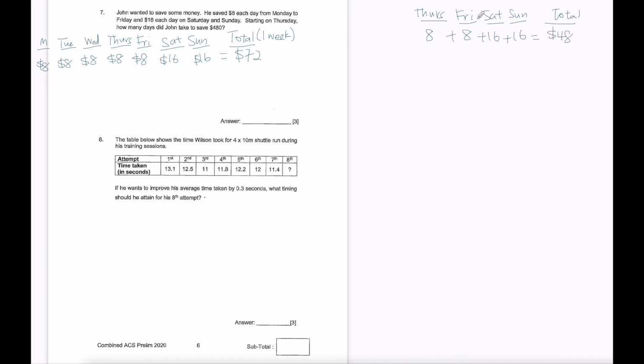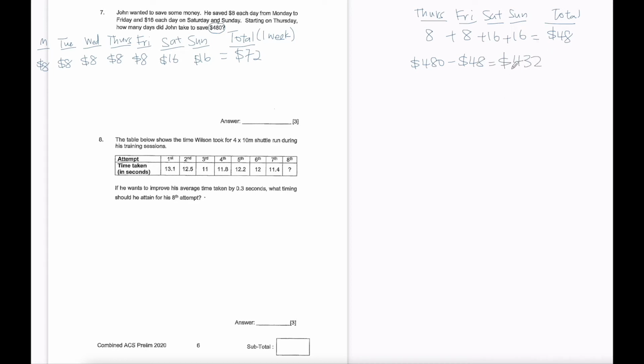Okay, so when he started, that first week he didn't start on Monday, he started on Thursday. And for that first week, he saved $48. And he needs to save a total of $480. First thing I need to do is to minus away this. So I take 480 minus away this. Okay, and I'm gonna get $432.